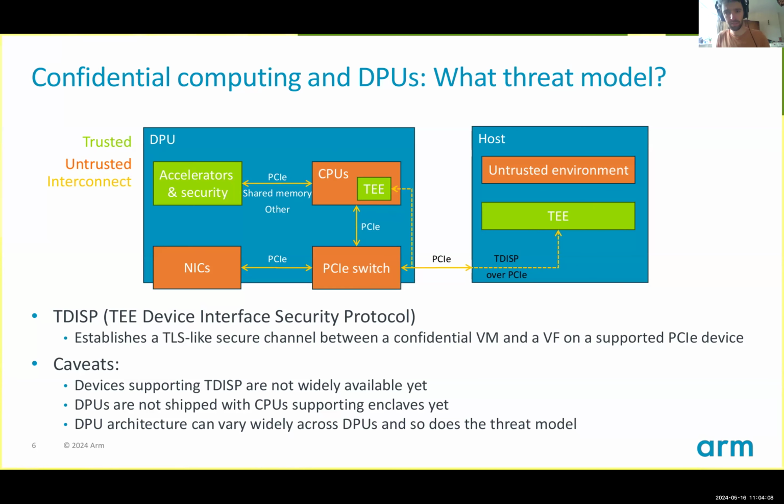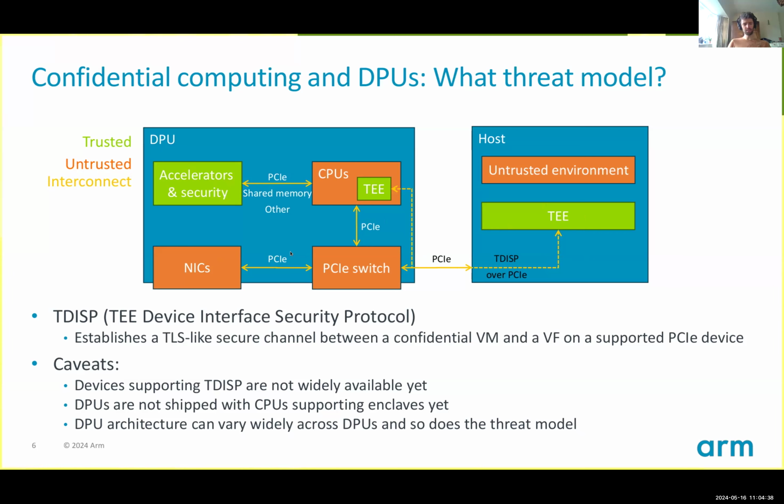It's still a work in progress, but the idea is that you could use this protocol on top of PCIe to establish a secure channel that really looks like TLS between a confidential VM, so basically a hardware-based enclave on the CPU side, on the host side, and then a virtual function on the PCIe device side.